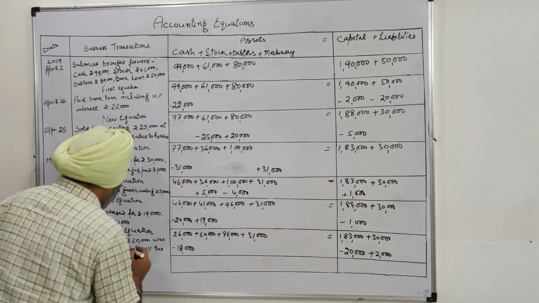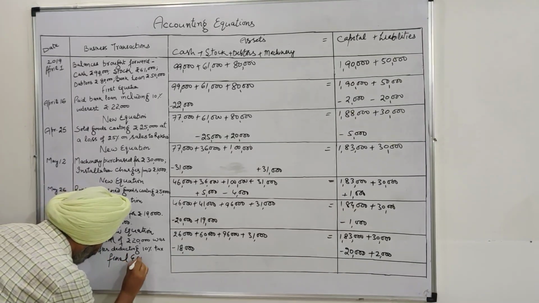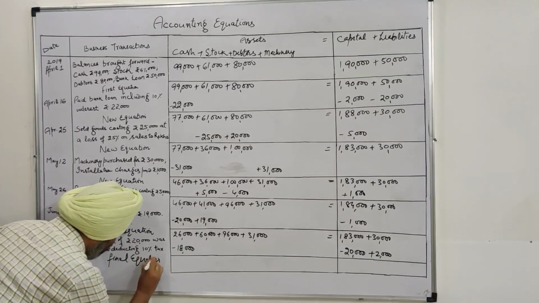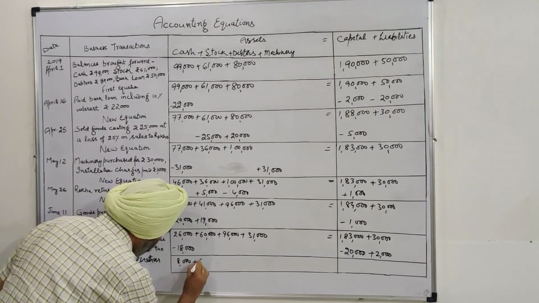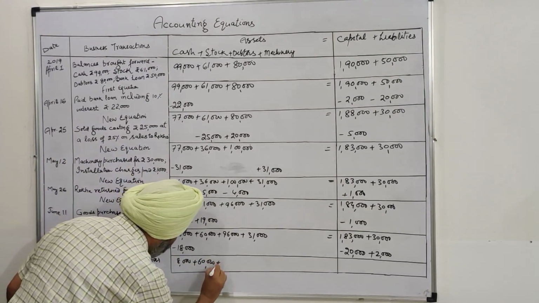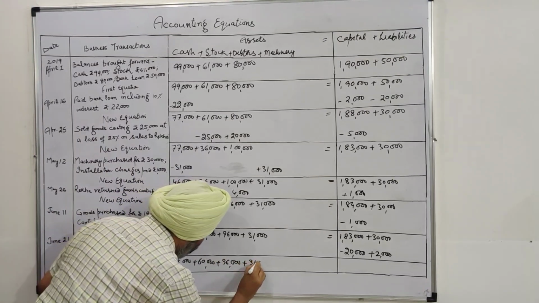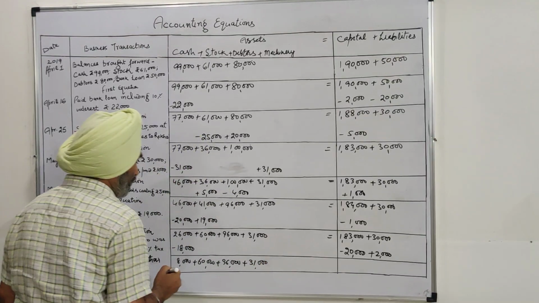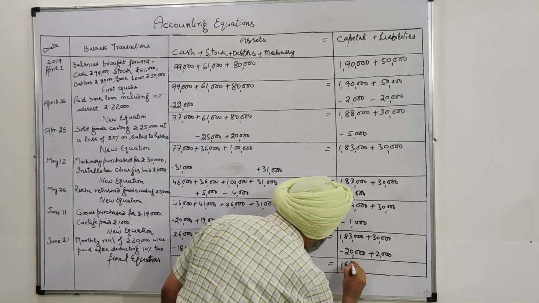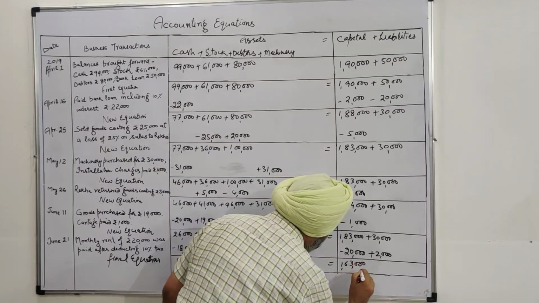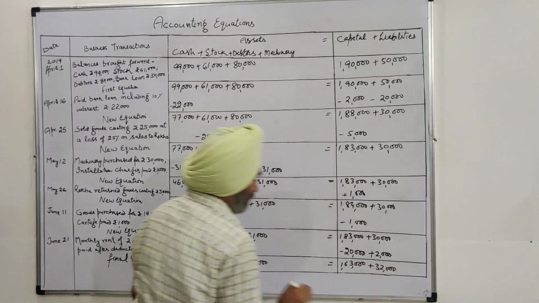It means our final equation will be 8,000 will be cash, 60,000 will be our stock, 96,000 will be our debtors, 31,000 will be our machinery, and 1,63,000 will be the capital, and 32,000 will be the liability.